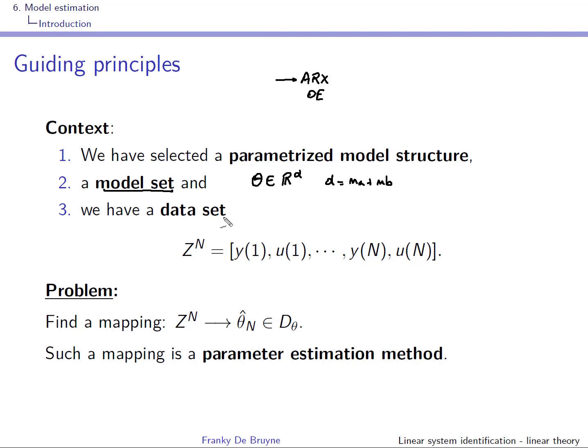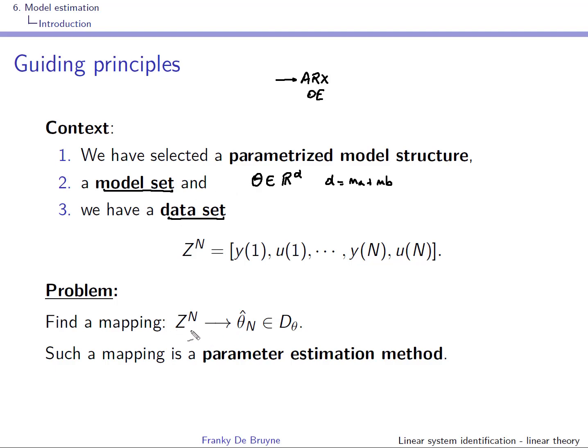And then of course you have done experiment design and you have collected data points. So this means an input and a corresponding output on your system, right? And then the question is, how can you use the data to select a theta in your model set?